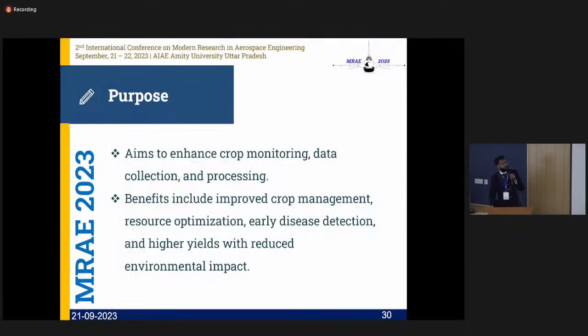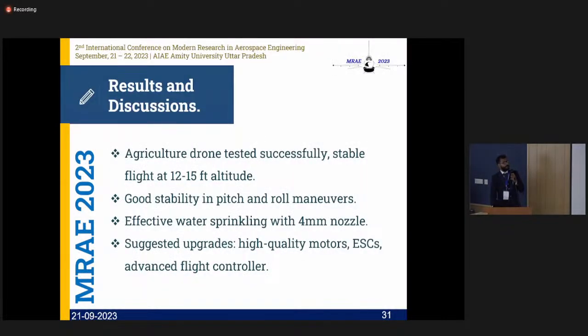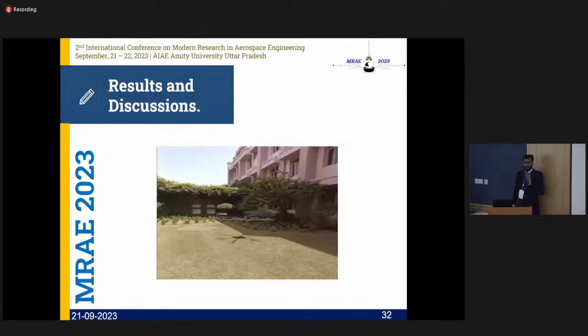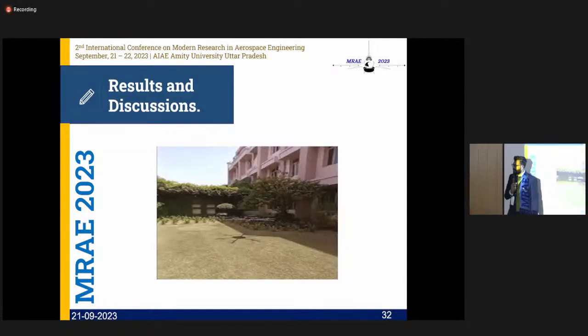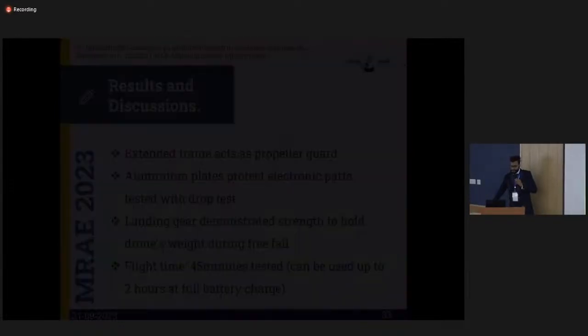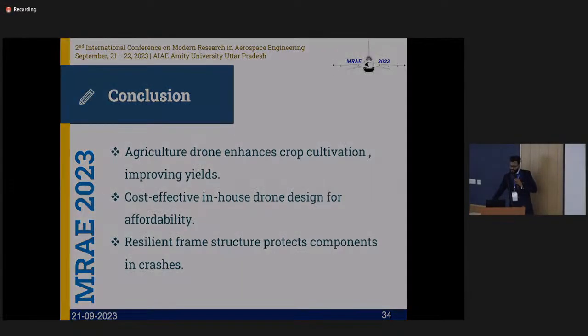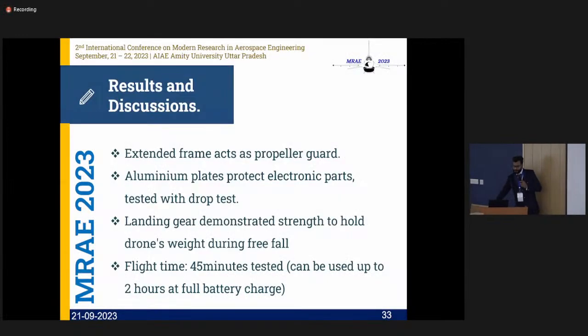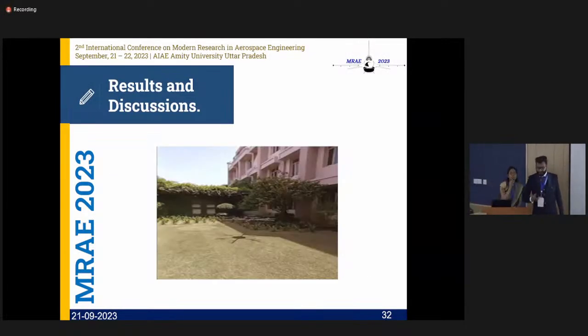This is our drone that is flying and spraying our crops with pesticide. I conclude from here. Thank you so much. We can begin with the Q&A session.